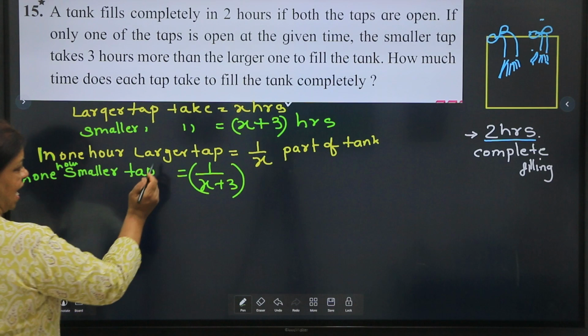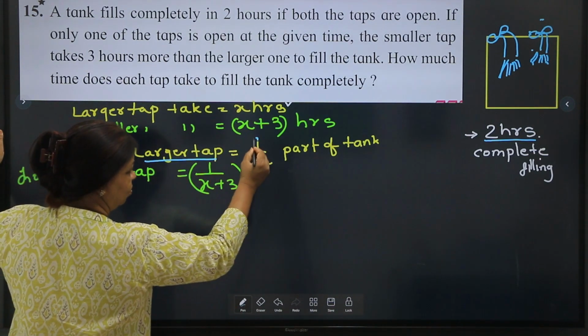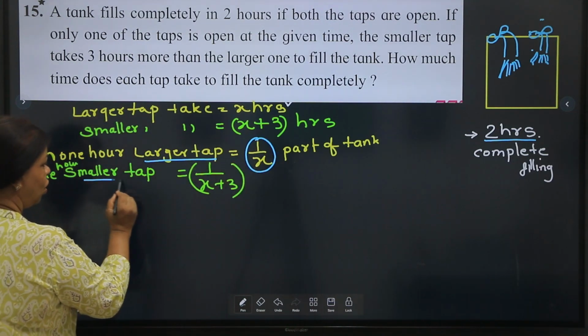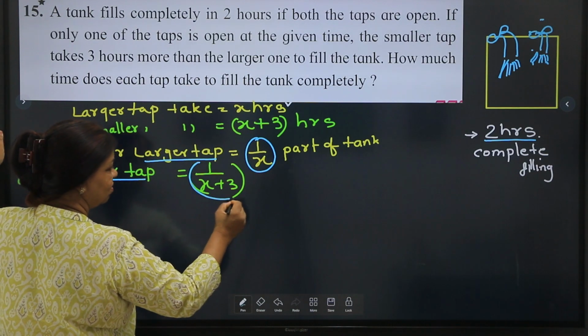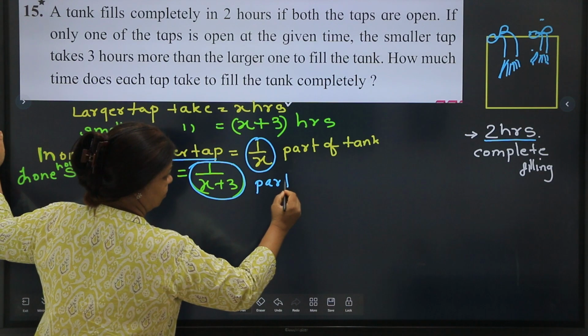In 1 hour larger tap is filling the 1 upon x part, and in 1 hour smaller tap is filling the 1 upon x plus 3 part of the tank.